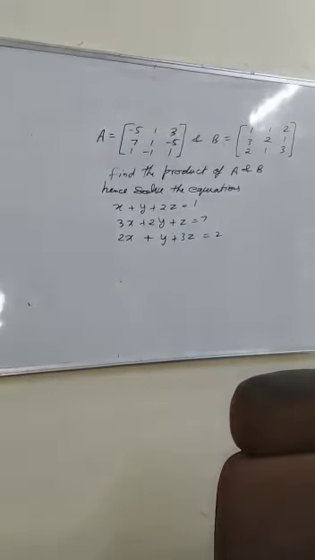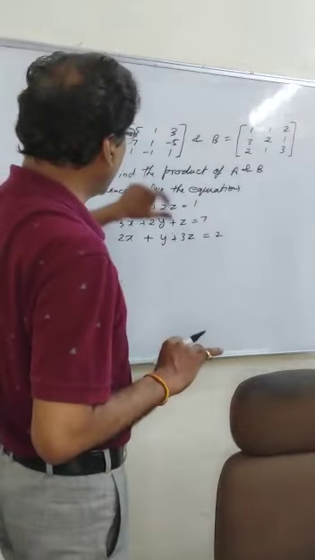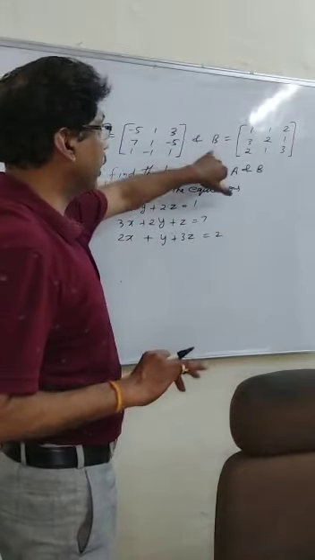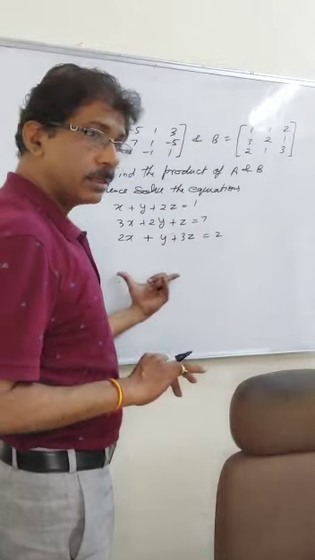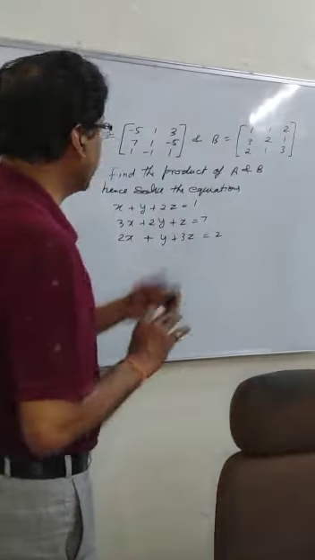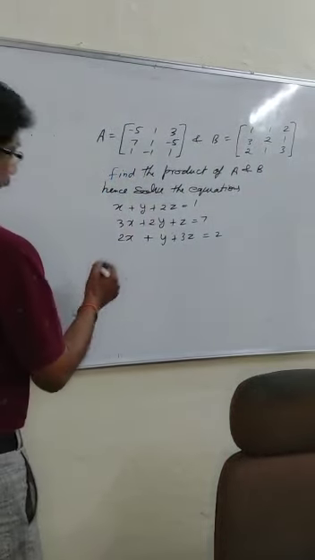Now we have to solve these equations. This question has two parts. First we have to find the product AB, and then solve the equations. So first find AB.